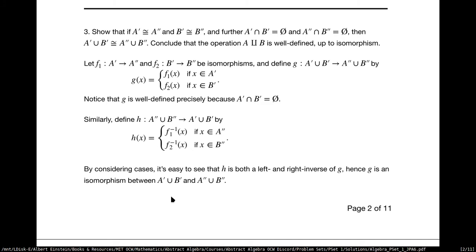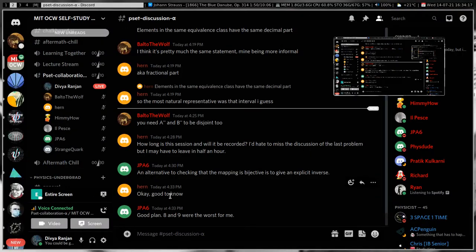Instead of checking injectivity and surjectivity, you check that it has a left inverse and a right inverse, so it has to be an isomorphism. Yeah, indeed. I think this is easier than checking surjectivity and injectivity.